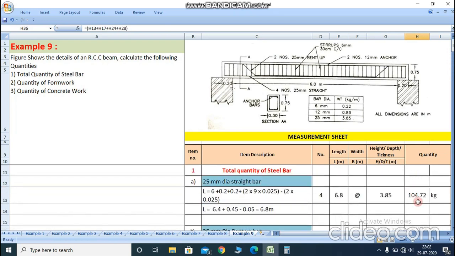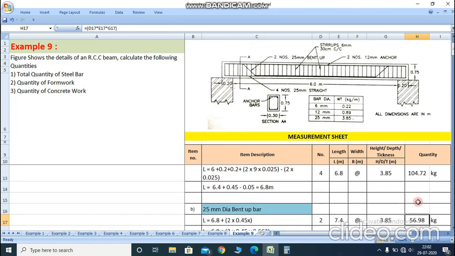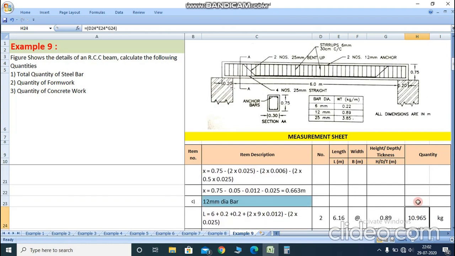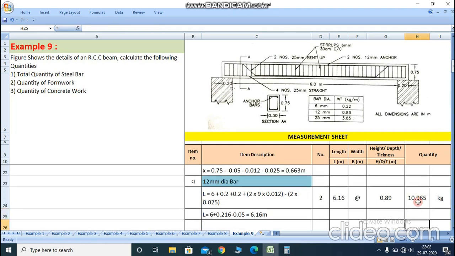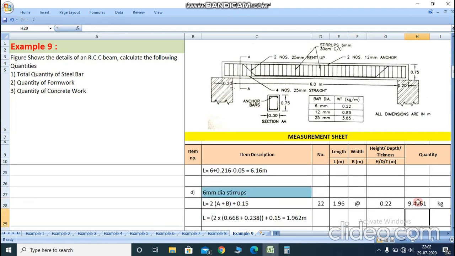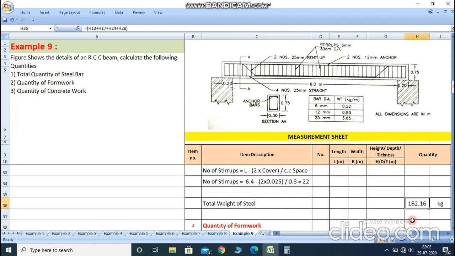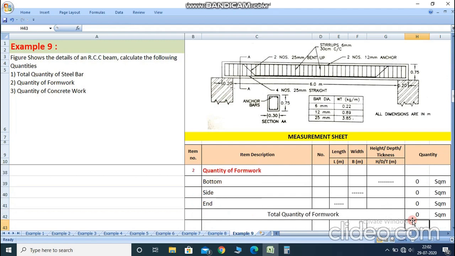First we calculated the 25 mm diameter straight bar, 104.72, then the 25 mm diameter bent-up bar, 56.98, plus the 12 mm diameter anchor bar, 10.965, and the 6 mm diameter stirrup, 9.4961 kg. Summing all four values, we got a total weight of steel of 182.16 kg.